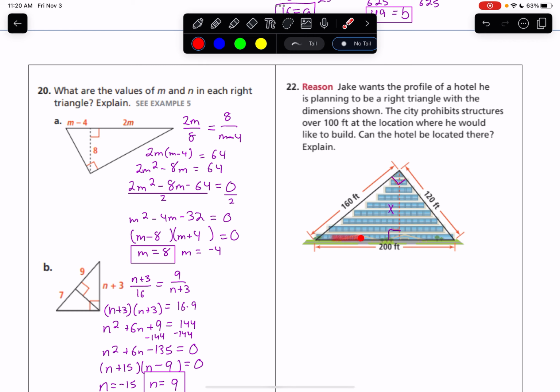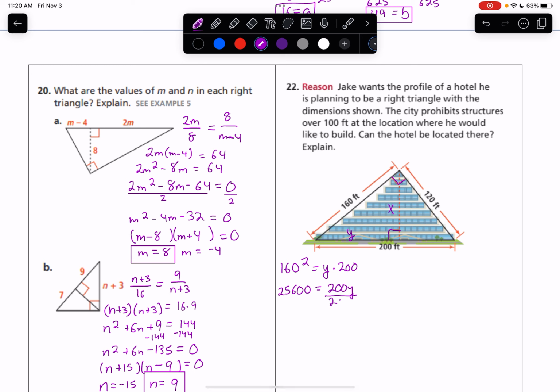If I'm trying to find this piece of the hypotenuse, that's connected to a leg of the triangle. So at this point, I'm just using altitude on hypotenuse theorems. I can say the leg squared, 160 squared, is equal to the piece of the hypotenuse closest to that, which I'll call y, times the entire hypotenuse, 200. So 160 squared is 25,600 equals 200y.